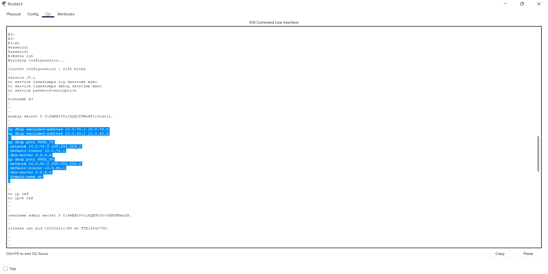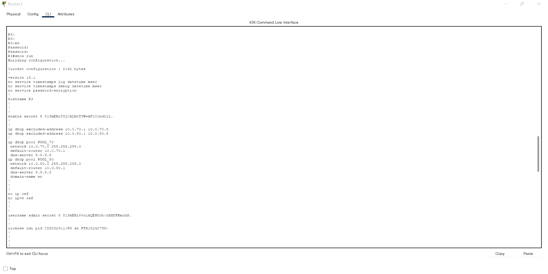The gateway was 10.0.70.1, and the DNS was Google. Pool 80, we excluded 10.0.80.1 and 10.0.80.5, and the network was 10.0.80.0/24, the gateway was 10.0.80.1, and the DNS was 8.8.8.8. And that was branch office 3.